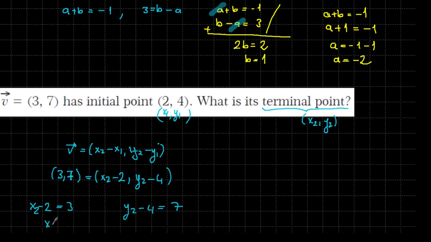Here we understand that x2 is equal to 5 and y2 is equal to 11. The terminal point we can name T, but let's directly write (5, 11). So this is the answer of our question.